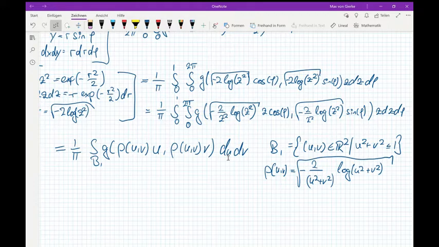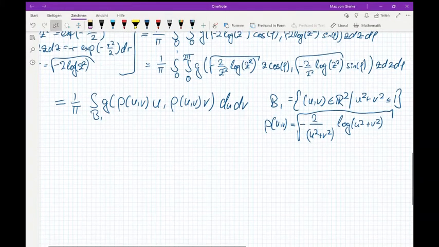For Masalia, we want to have some uniform numbers. And we have this unit ball here, and the idea is now we cover this unit ball with a two-dimensional uniform random variable.